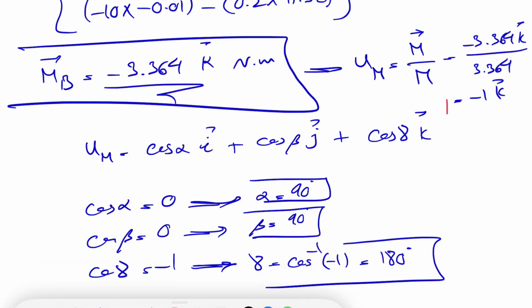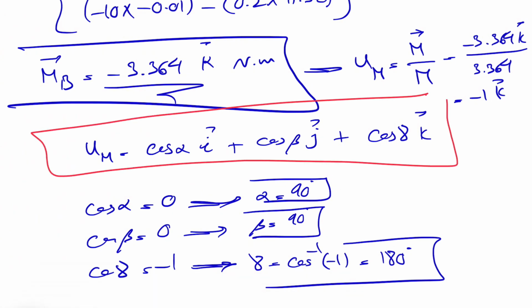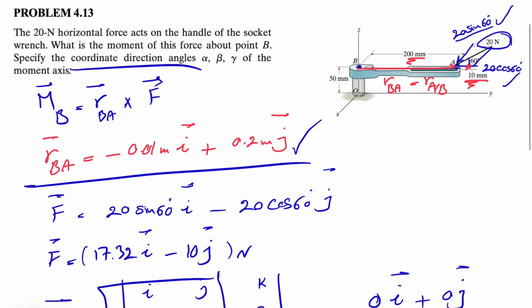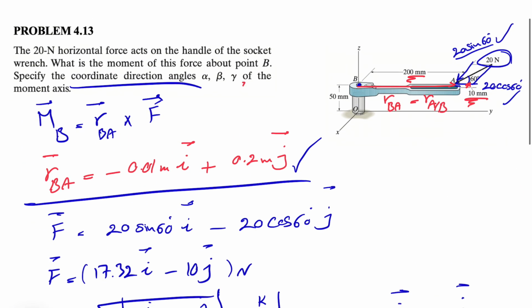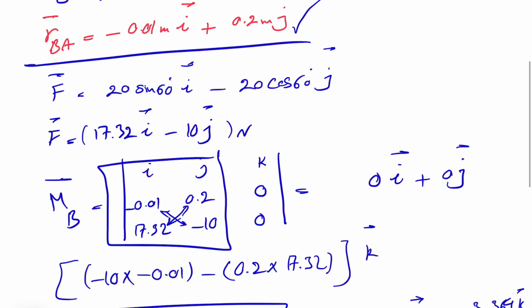We need to memorize this formula for the unit vector, because this is how we find the angles of a vector in 3D with each axis. Alpha would be the angle with i. You can call it theta x, theta y, and theta z. I just wrote it this way because the question named each angle like that. Each of them is the angle with x, y, z respectively.